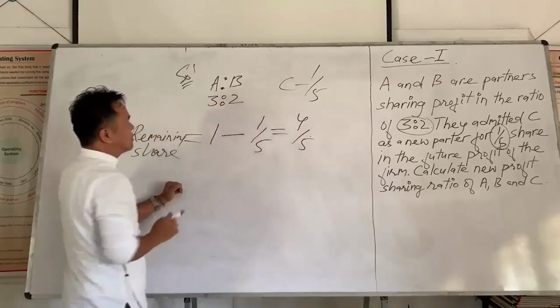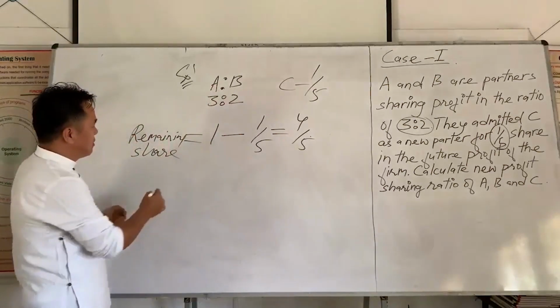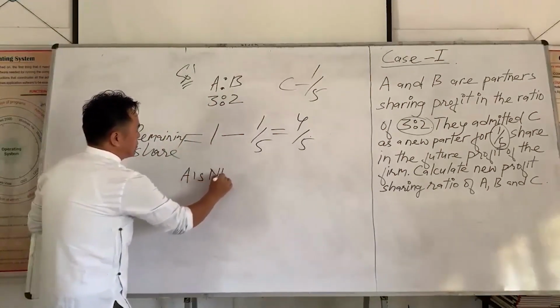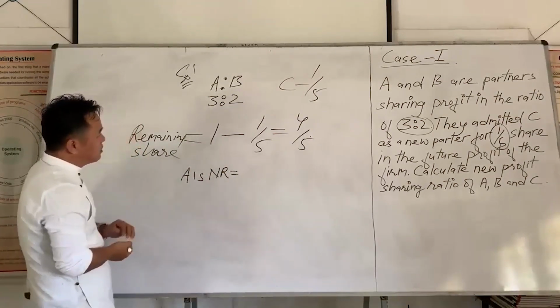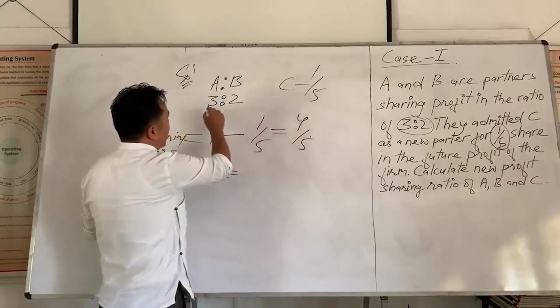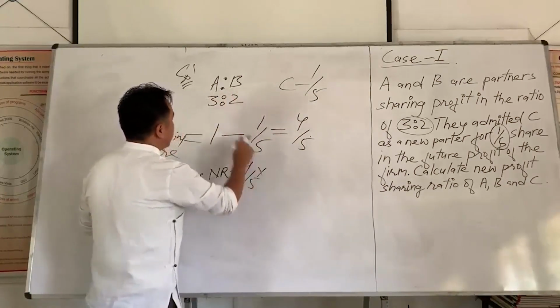By doing this, we are going to get all partners' new ratio. Now we are going to find A's new ratio. Since 4 by 5 is acquired by both A and B in their own ratio, 4 by 5 is acquired by A.